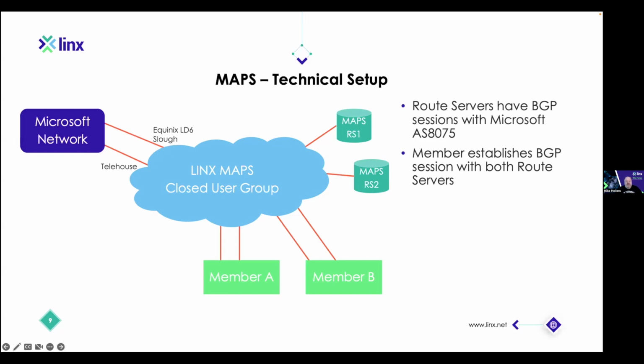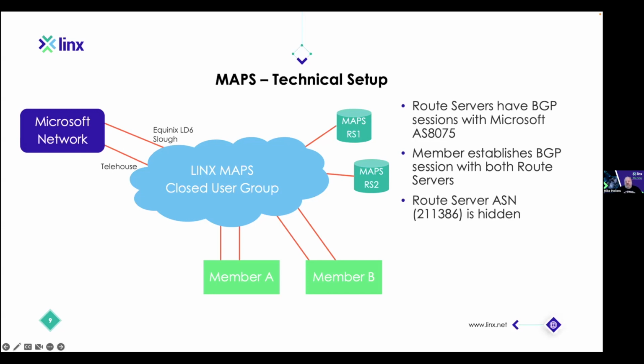But even if you have a single port, you're still able to establish a BGP session to both of the root servers, so you maintain at least the resiliency in the whole rest of the setup. But clearly, the recommended setup is to have two different physical connections onto our fabric and use the service from there.